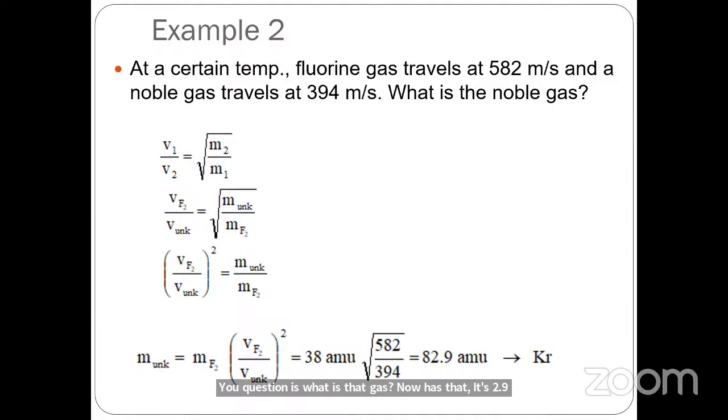So when you go into your periodic table, you will see that you have krypton as that gas with the molar weight of about 83 grams per mole.